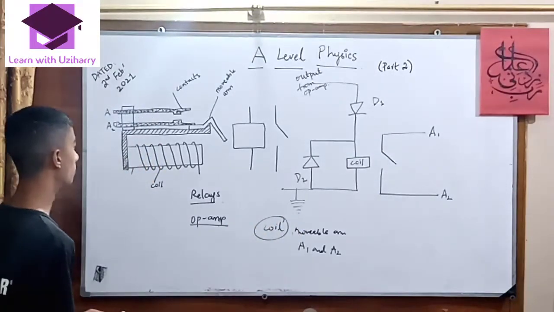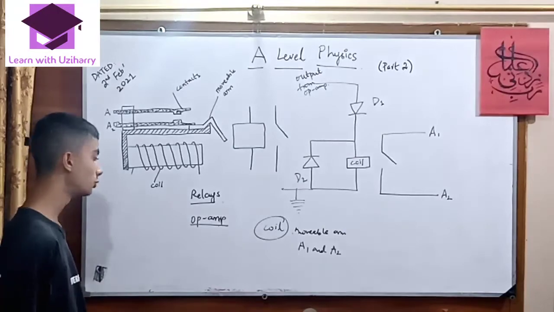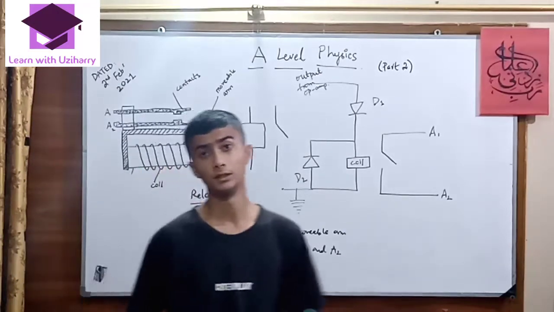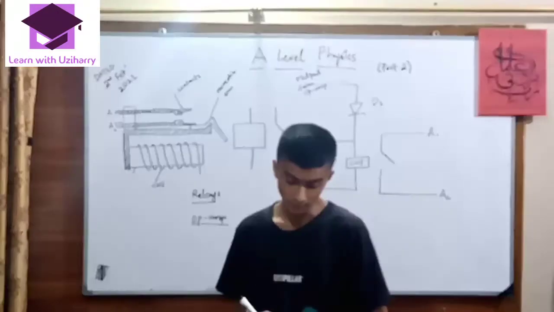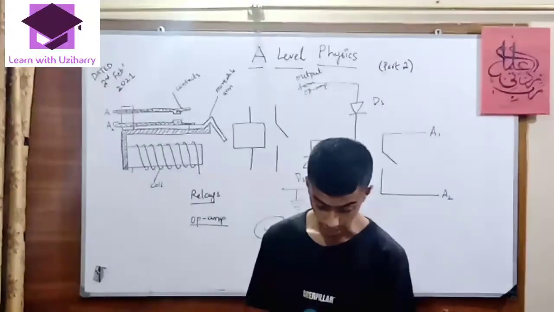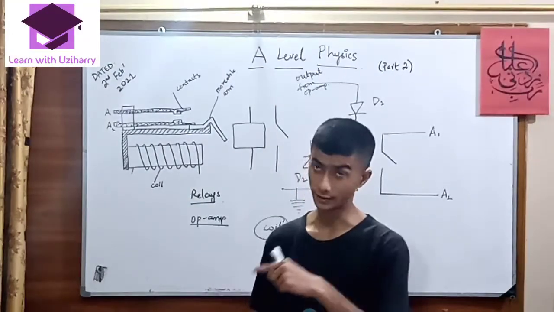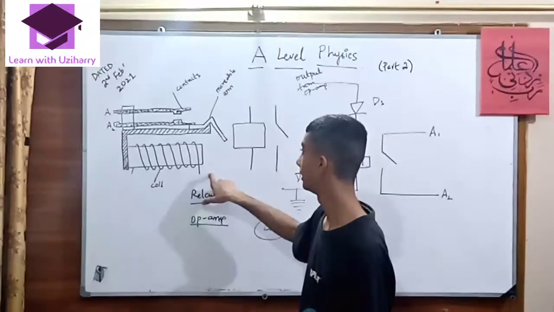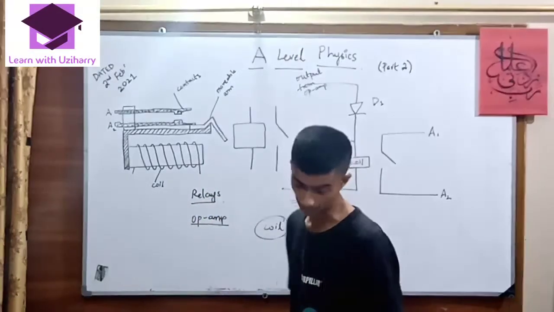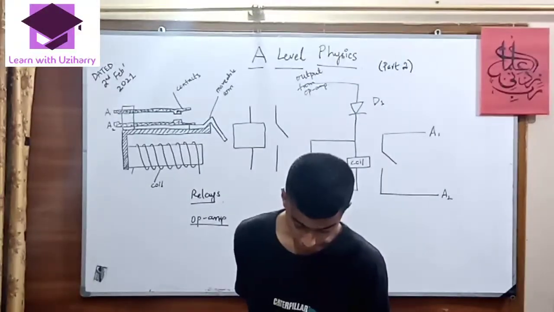Okay, now there's a problem when we use the operational amplifier with the relay. When the operational amplifier is used, the current causes the coil to become electromagnetized, so it creates a magnetic field.